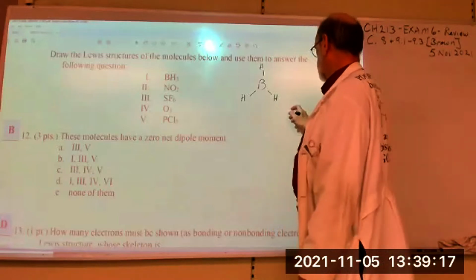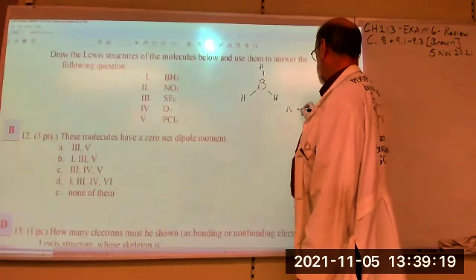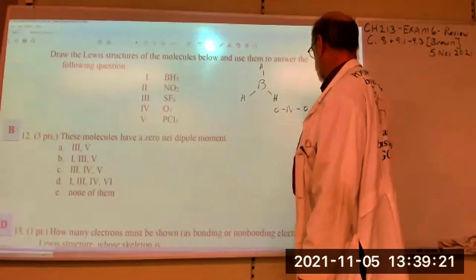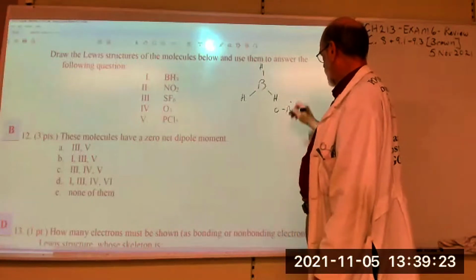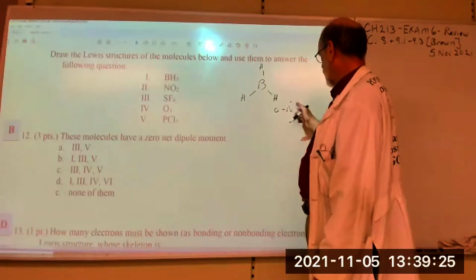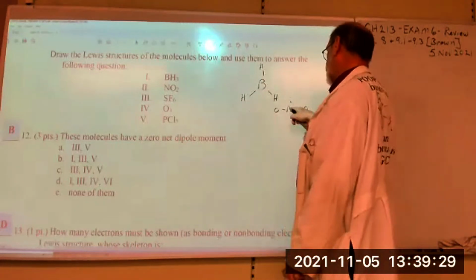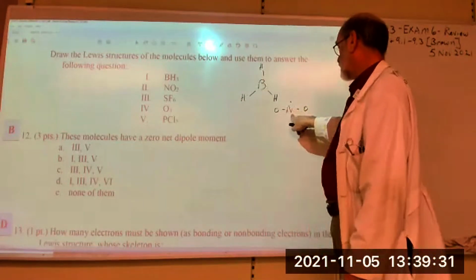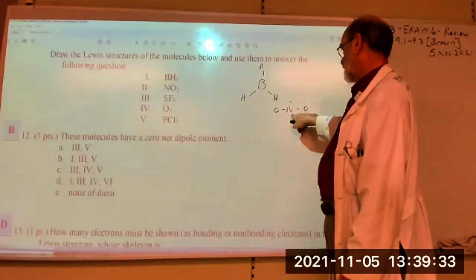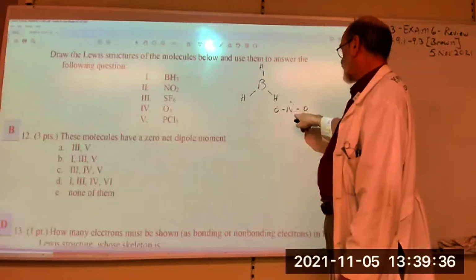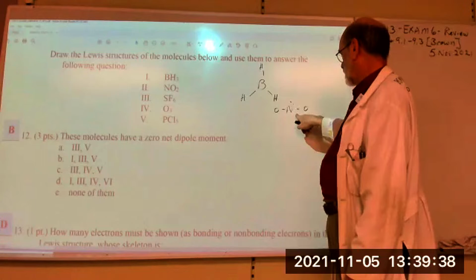NO2. So NO2, and I put an electron there, didn't I? So we got 3. So actually, this one has a dipole, right?